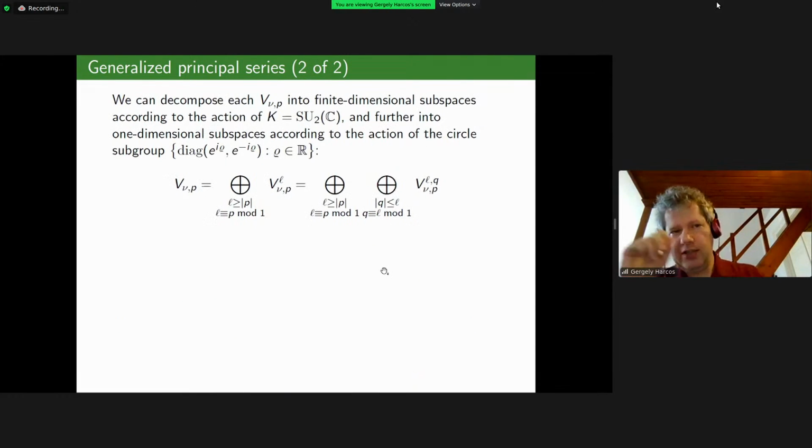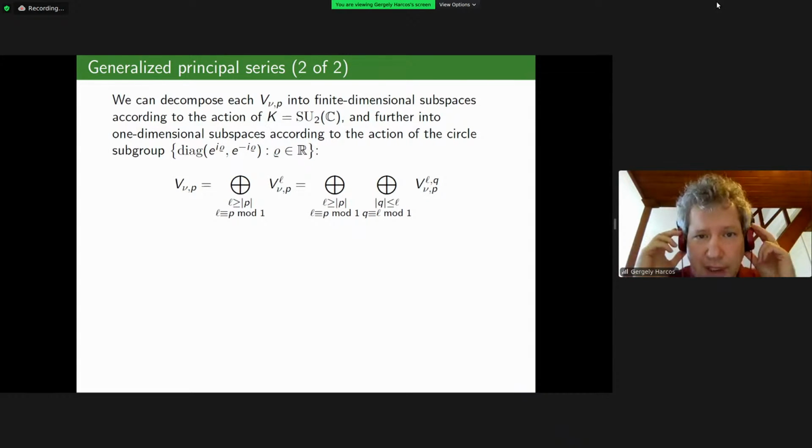Now, we can refine this picture by decomposing the space into finite dimensional subspaces according to the action of the maximal compact. And those finite dimensional pieces can be further decomposed into one-dimensional subspaces according to the action of the circle group, namely diagonal matrices inside the maximal compact. So here is how this decomposition looks.